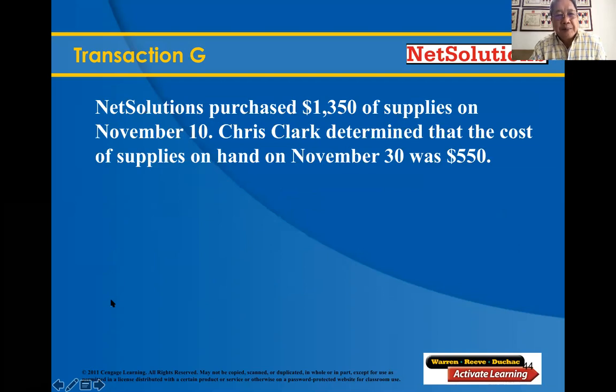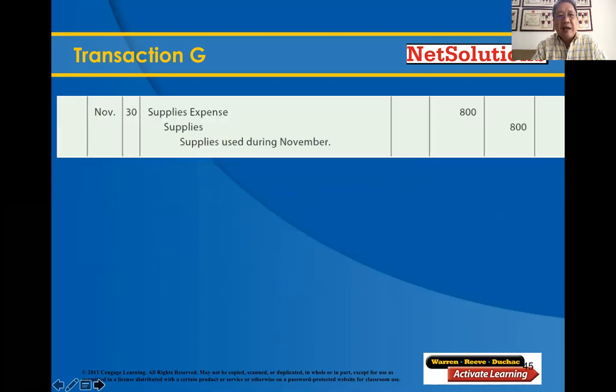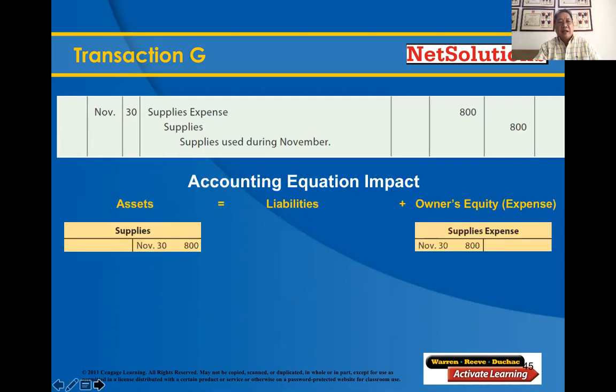Now, di ba si Net Solutions ay bumili ng 1,350 on November 10? Noong November 30, binilang niya 550 na lang kasi nagamit na niya ang ilan? Ang 800. So debit supplies expense na yon. Yung 800 na nagamit niya ay expense na. Nabawasan naman ang supplies. At anong effect niyan?